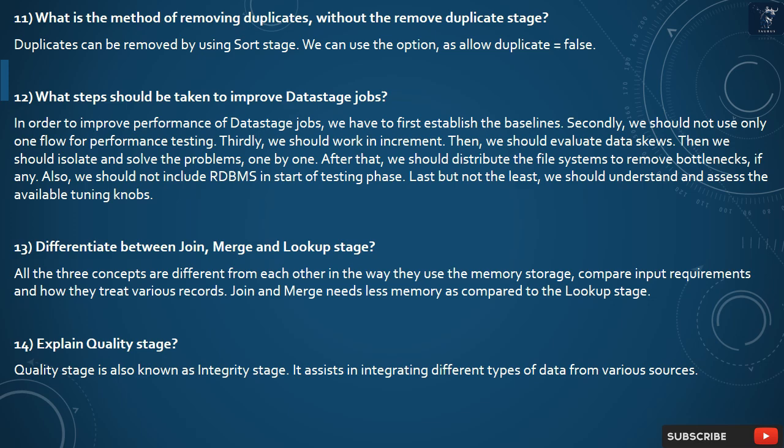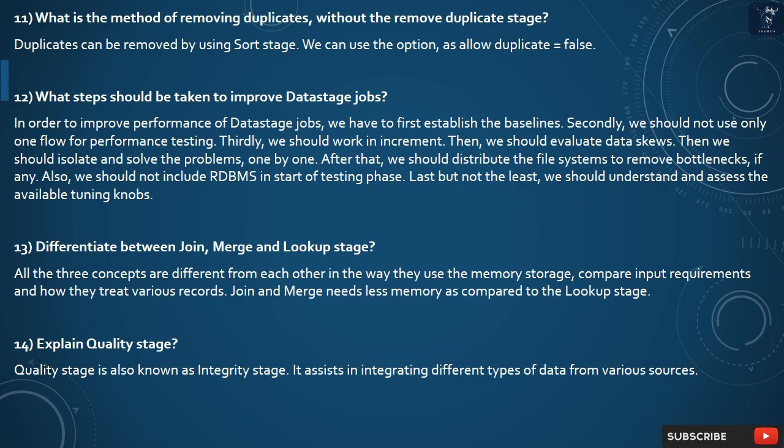12. What steps should be taken to improve DataStage jobs? In order to improve performance of DataStage jobs, we have to first establish the baselines. Secondly, we should not use only one flow for performance testing. Thirdly, we should work in increments. Then, we should evaluate data skews.